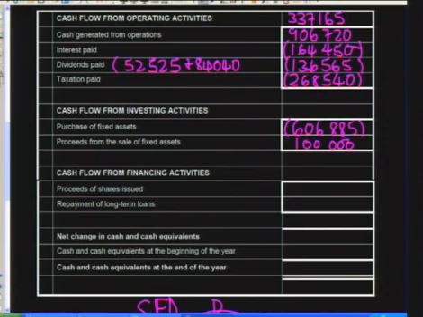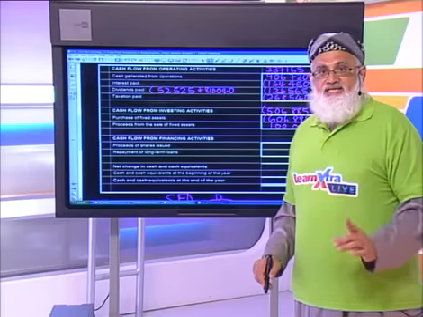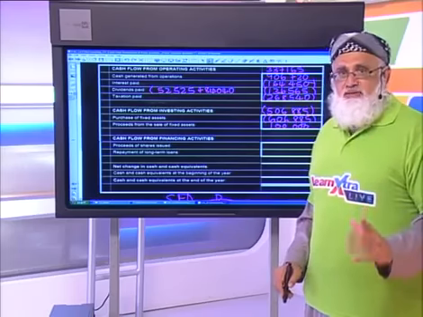Obviously, the net effect is 506,885, and that is a figure in brackets, because a negative 606,885 minus 100,000 will give you your cash flow from investing activities of 506,885. Got that, mindsetters? Brilliant.